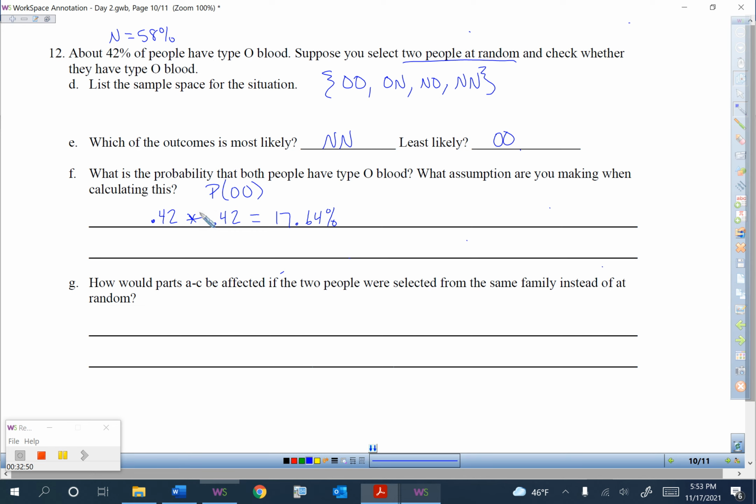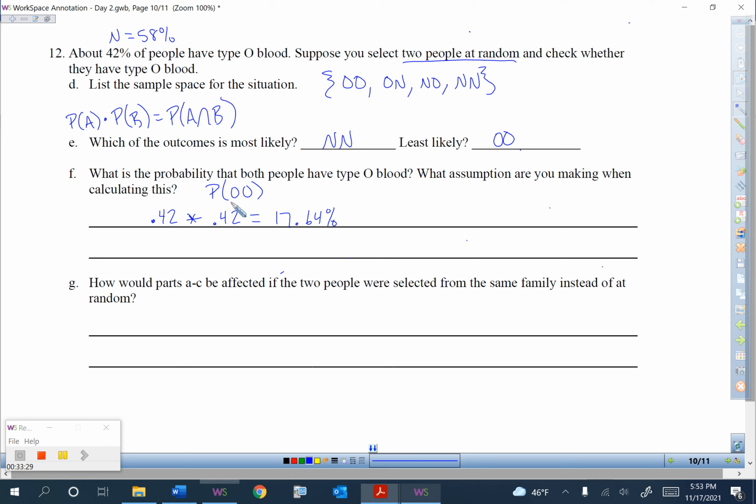And we're really making an assumption that we didn't realize we were making last class. When we were talking last class about the multiplication counting principle and some of those strings with replacement, you didn't realize that this math only works because the events that we were looking at last time were actually independent.